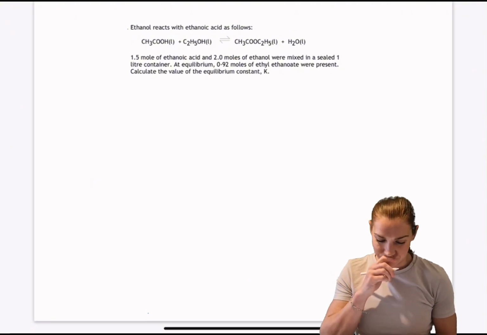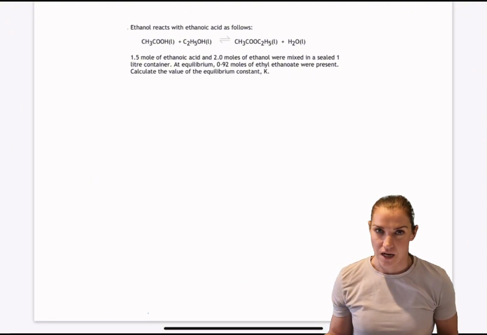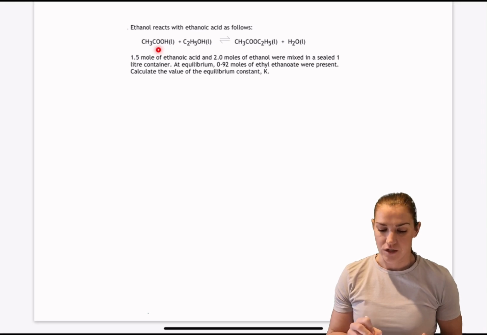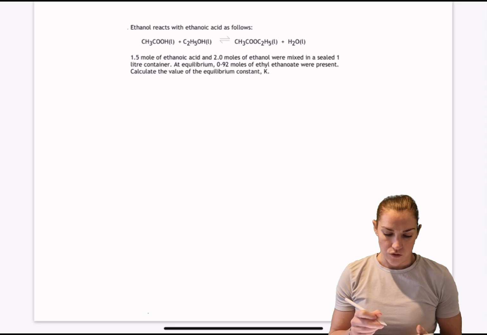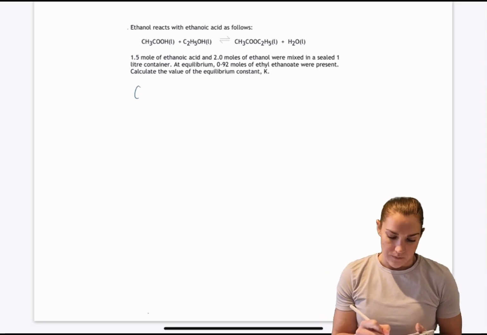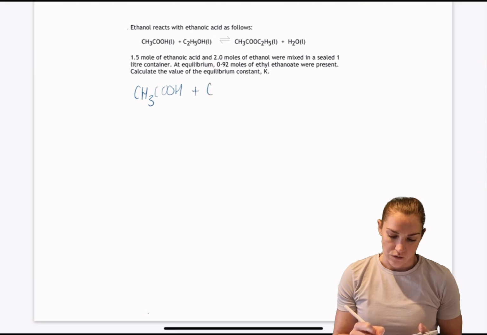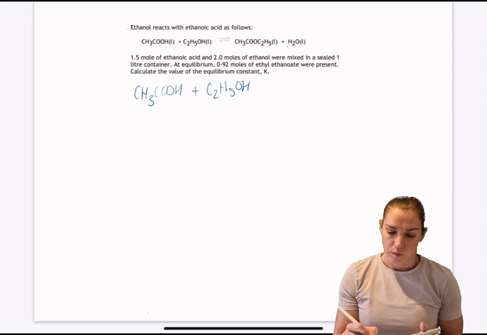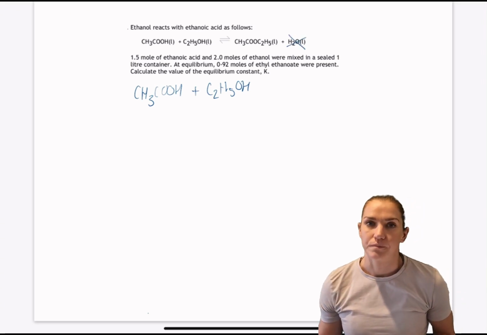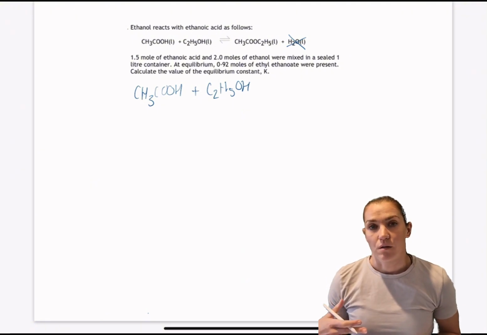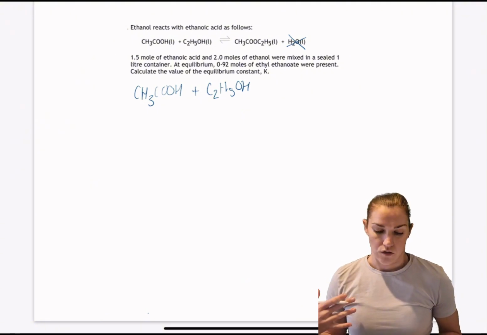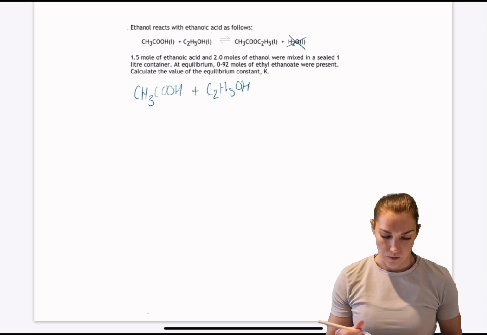So I would always rewrite the equation again, just because there's not really very much space to write stuff underneath the equations in the question normally. So don't worry about the state symbols because they're not really necessary when it comes to the calculation, although you will need to bear in mind for this question that because water is a pure liquid, it is actually omitted from the calculation because it's assigned the value of 1 when it comes to equilibrium constants and expressions, so it's not going to make any difference to the equilibrium constant.